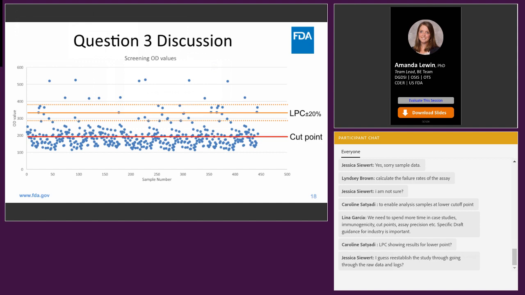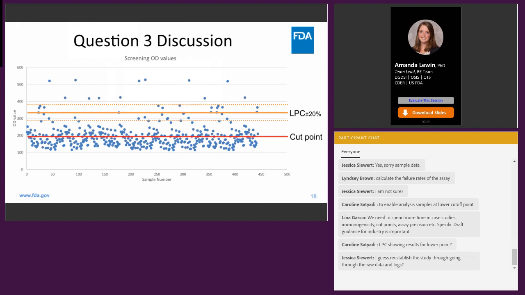So this would not be a suitable LPC. And you do see a lot of samples in that range that's not being really covered by that LPC, especially down near the cut point. So even with this being true, are there ways to assess the potential impact of not monitoring the performance of the assay near the cut point? Could there be other data that we could also look at to help potentially reassure us in this situation?